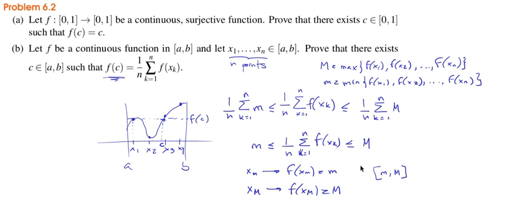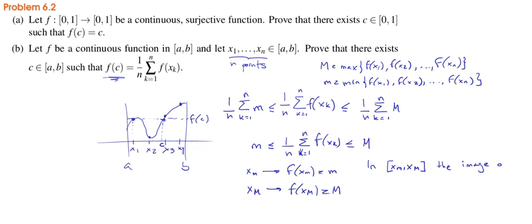And because of the intermediate value theorem, we know that every point in this interval is going to be visited by f. So let me state it more precisely. In this interval between x sub m and x sub M, or the other way around, if x sub capital M is smaller.